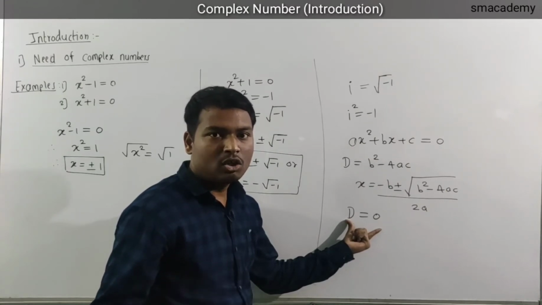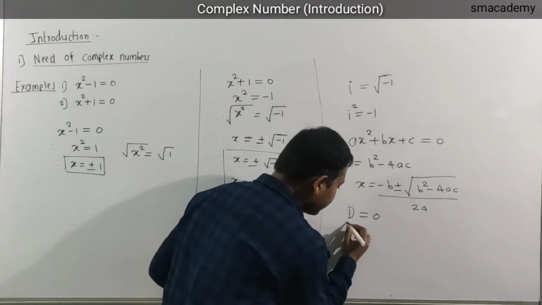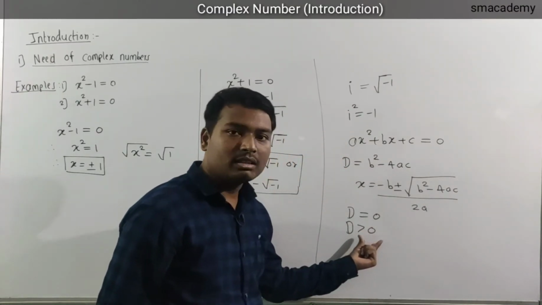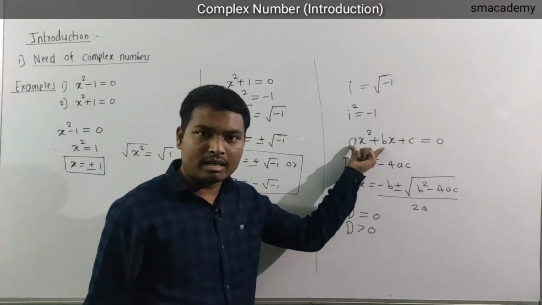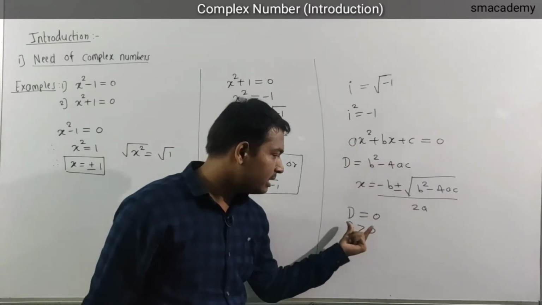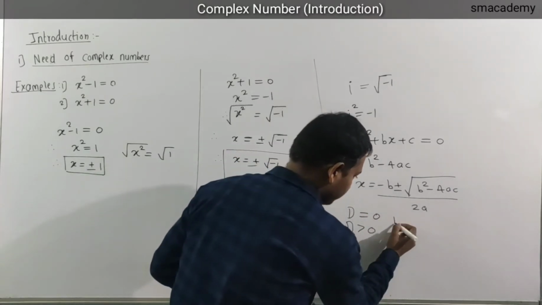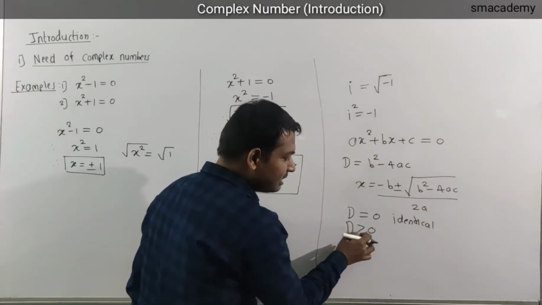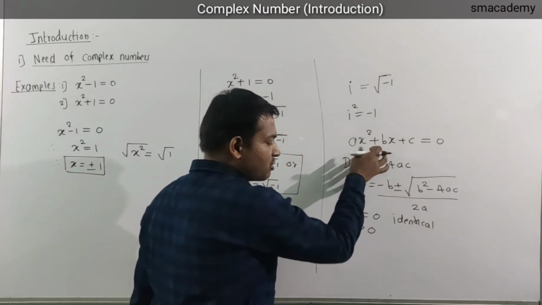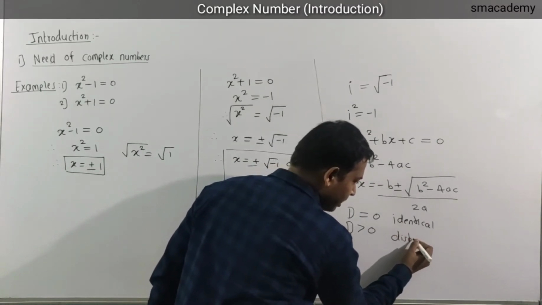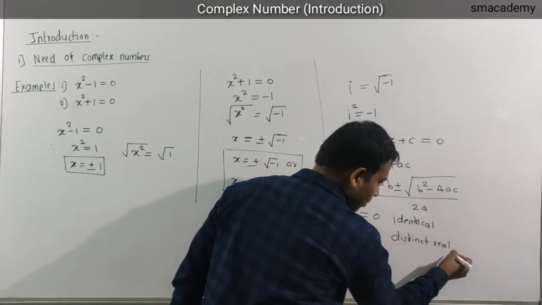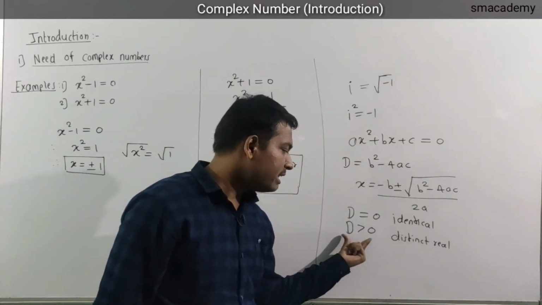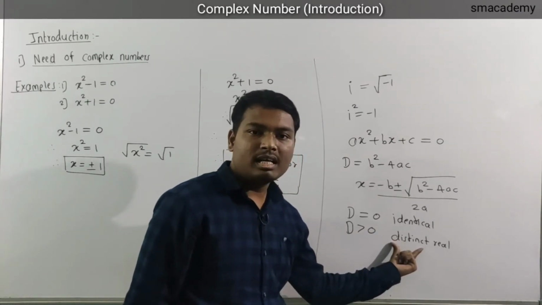If capital D, the discriminant, is greater than 0, then the roots of this quadratic equation are distinct real roots. Capital D equal to 0, then roots are identical. Capital D greater than 0, then roots are real and distinct.